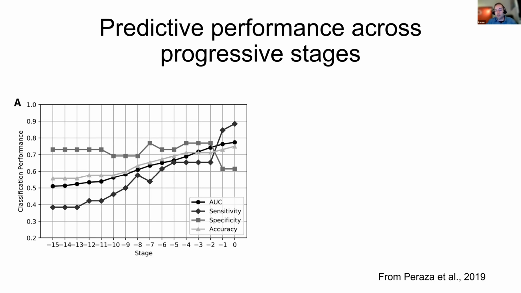And so what we did is, assuming that this is the true progression profile, then we could actually classify very well the two different states of healthy or Alzheimer's disease after approximately -5 or -4 stages or years.